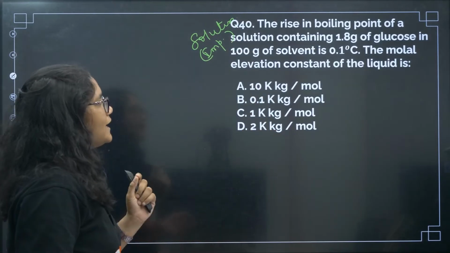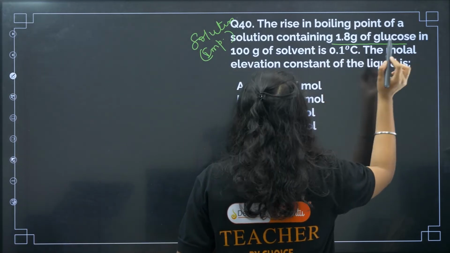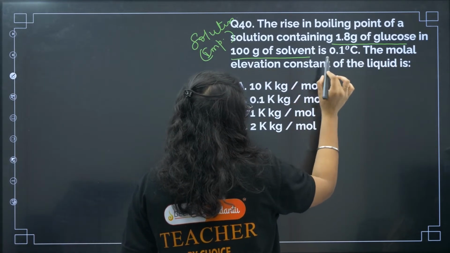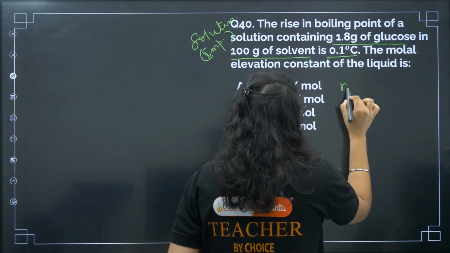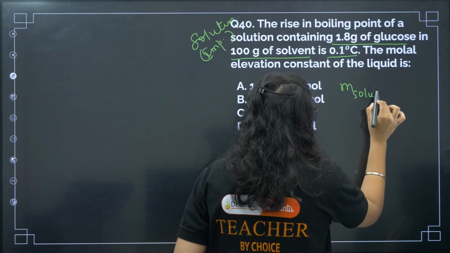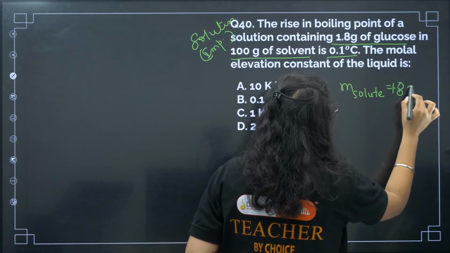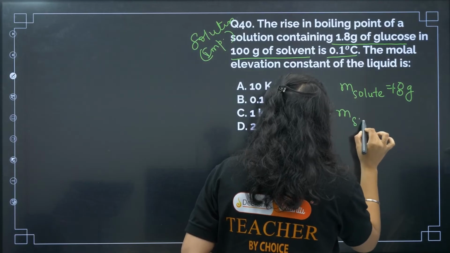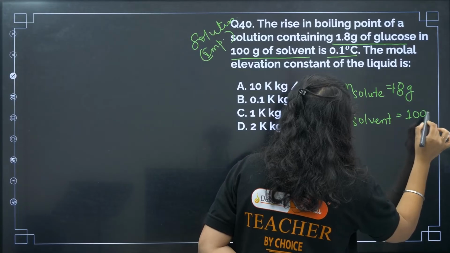The rise in boiling point of a solution containing 1.8 gram of glucose in 100 gram of solvent is 0.1 degree Celsius. So what all data do we have? We have the mass of solute, that is 1.8 gram, and the mass of solvent, that is 100 gram.